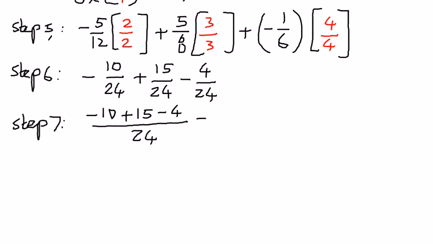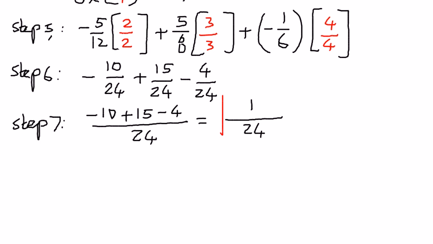So we're going to combine these numerator parts and write the common denominator as 24. Negative 10 plus 15 is equal to positive 5. Positive 5 minus 4 is going to be equal to 1. 1 over 24 is going to be our answer.